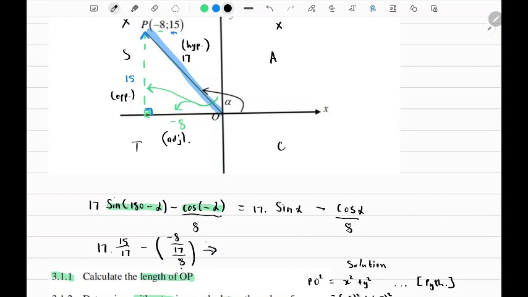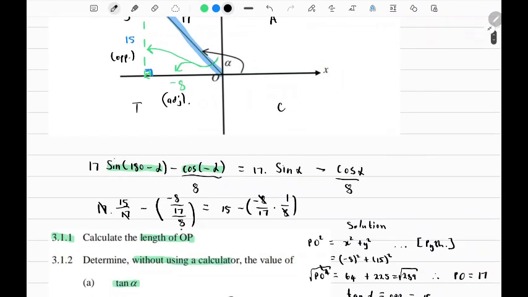So if we simplify this, 17 and 17 cancel, so we're left with 15, and minus 8 over 17 times 1 over 8. So this and this cancel out.